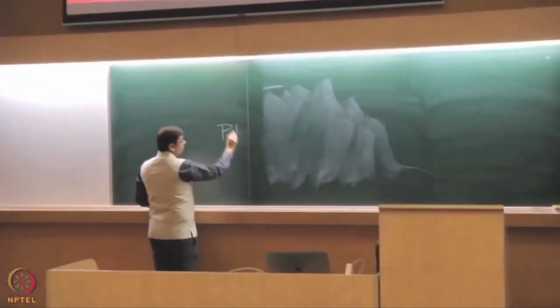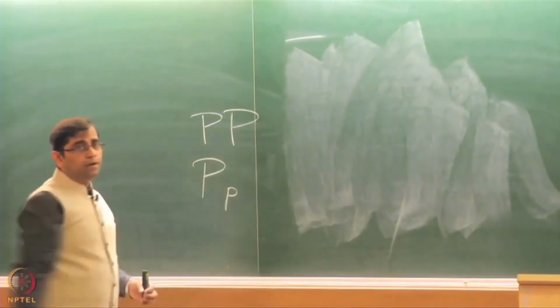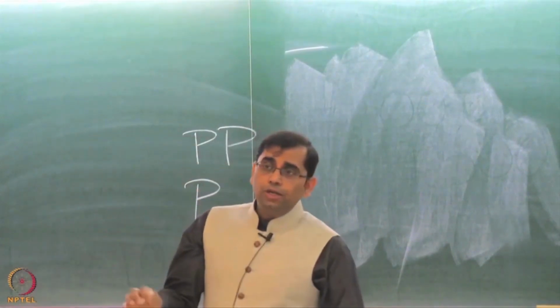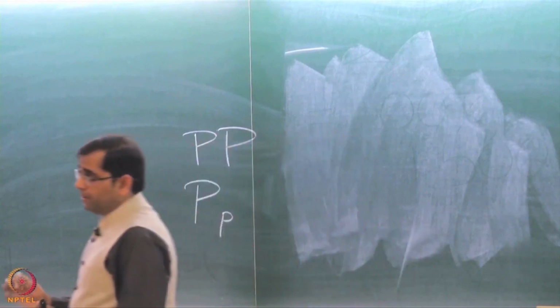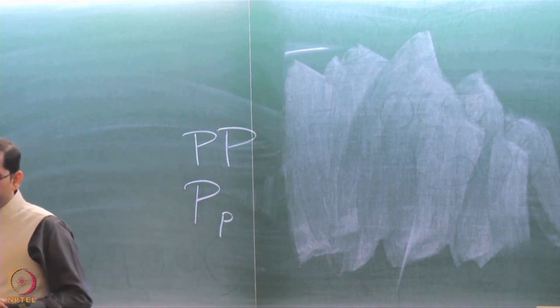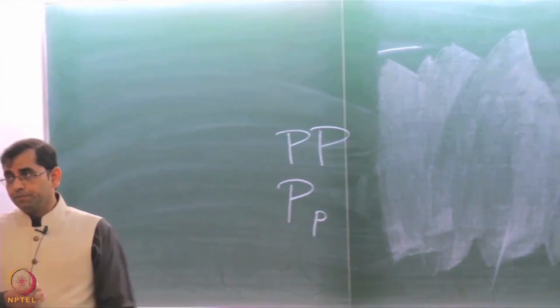One is capital P capital P and second is capital P small p. Both of them are purple flowers. If I give you some seeds and I tell you that all these seeds are going to make flowers which will look purple, can you determine the genotype or their genetic makeup? Are these capital P capital P or capital P small p?